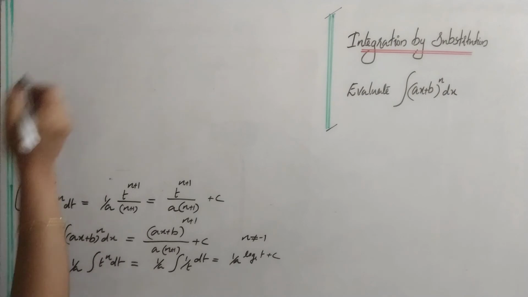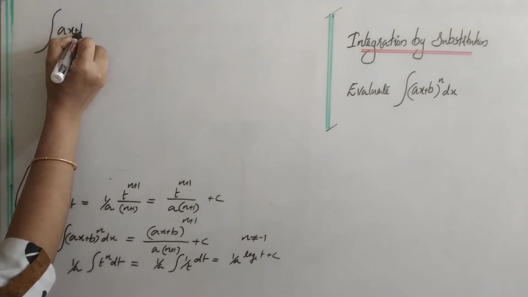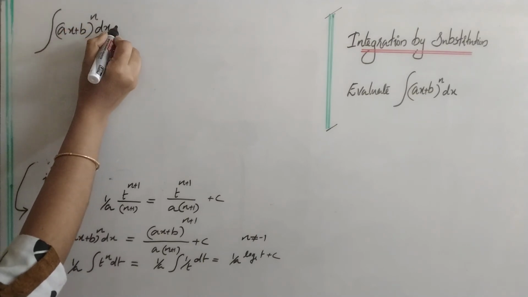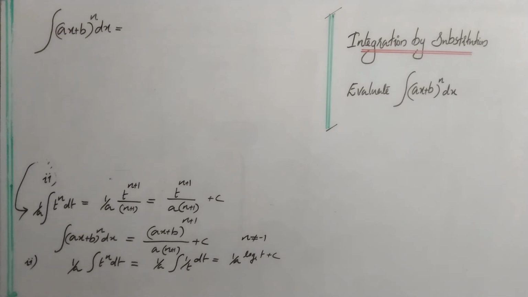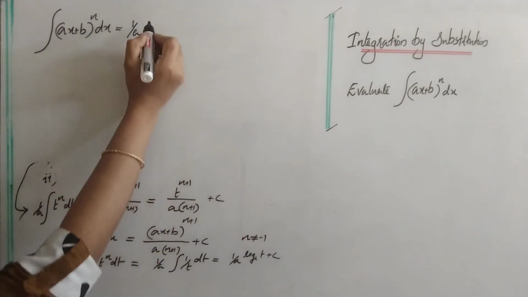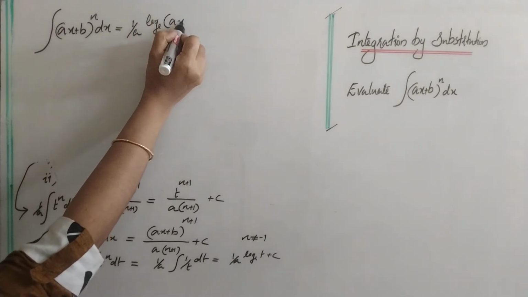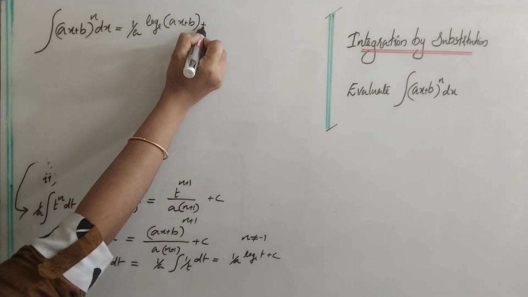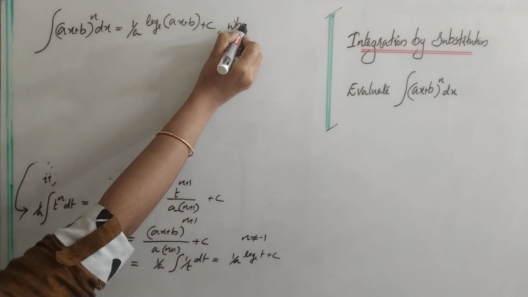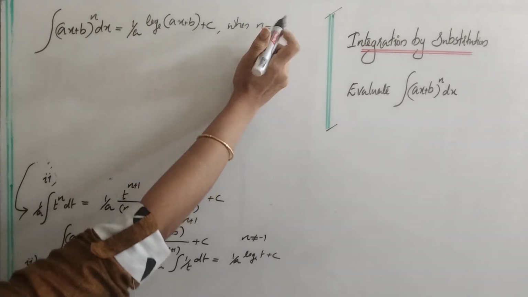So that is, integral (ax plus b) the whole raised to n dx is equal to 1 by a into log t. t is what? ax plus b, plus a constant c, when n equal to minus 1.